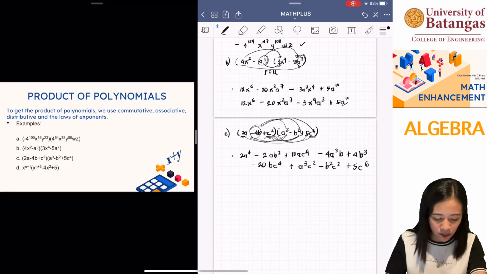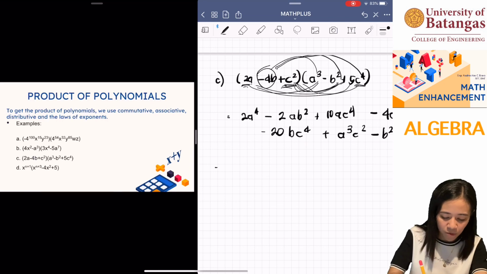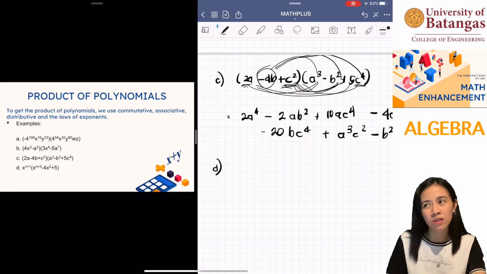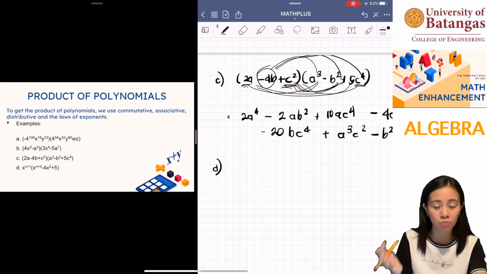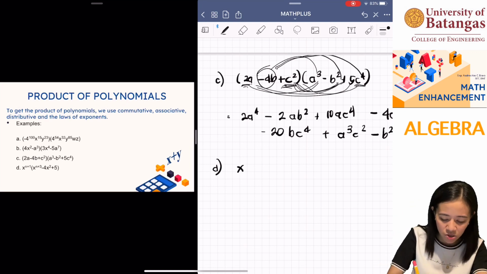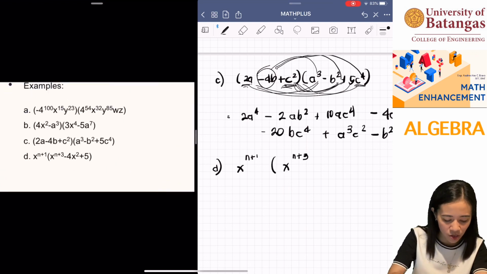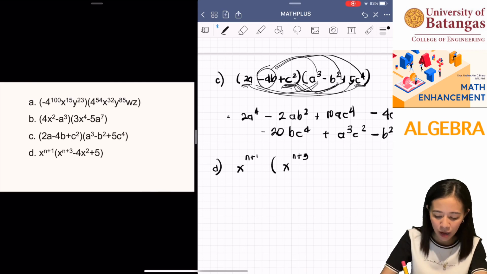Okay? Next, let's proceed to the last one, which is D. Don't be intimidated when there is an expression in the exponent. It's still the same, just apply the principle. Nothing changes. So, you have x raised to n plus 1, which will be multiplied to a trinomial with x raised to n plus 3, minus 4x squared plus 5.